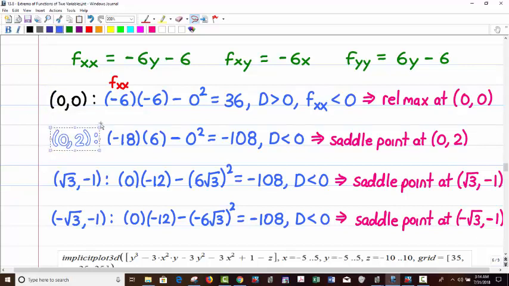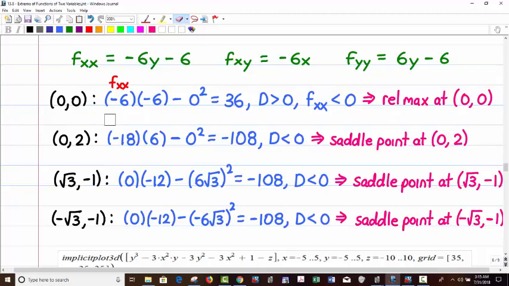For (0, 0), I get negative 6 times negative 6, because both fxx and fyy will be negative 6. That's 36, greater than 0. So D is positive, and fxx is negative, so you have a relative max at (0, 0).